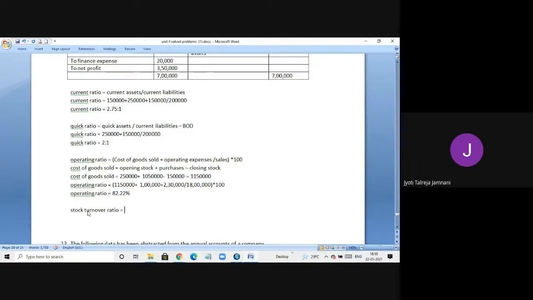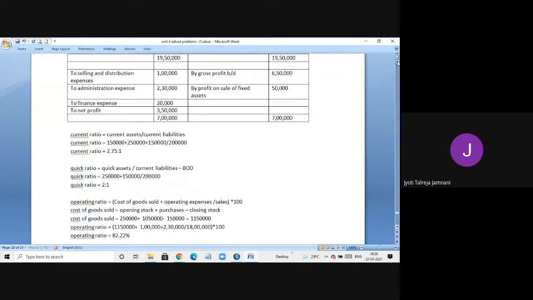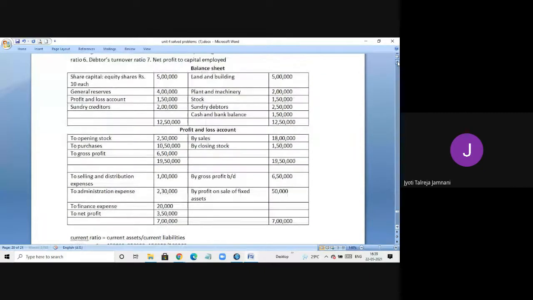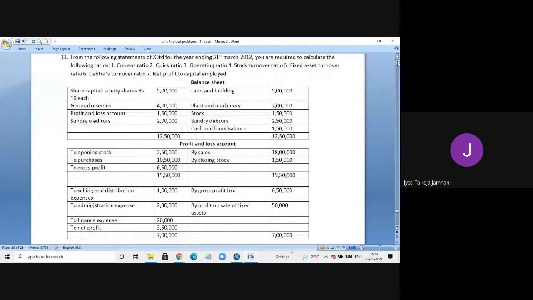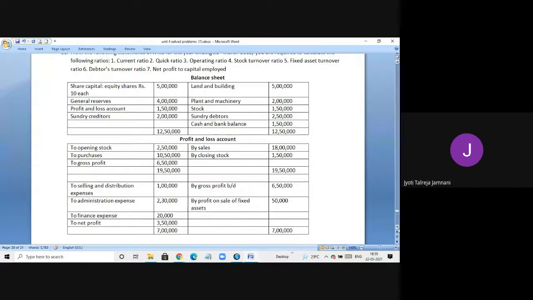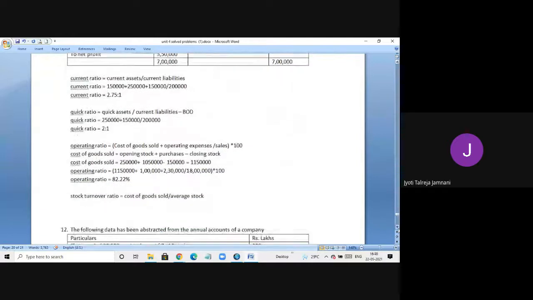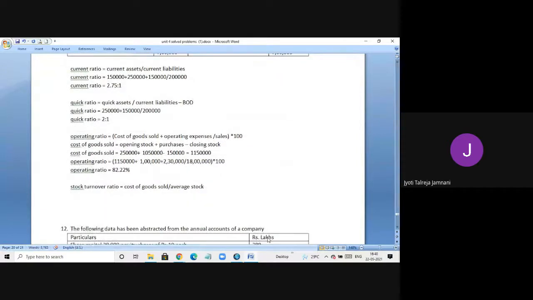Stock turnover ratio is equal to cost of goods sold divided by average stock. Cost of goods sold we've already found in the previous formula of operating ratio. We'll first find the average stock now.